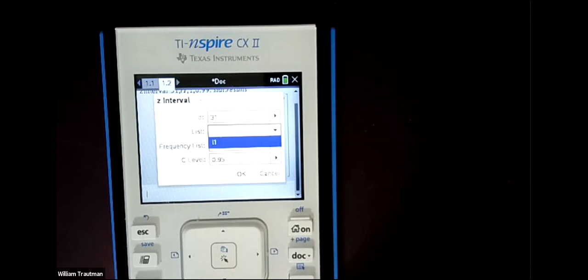You can just type in a one, but list has to be your L1, whatever you labeled your list as. I labeled mine as L1. My frequency list had changed to L1, so I wasn't sure. If you have anything other than this, just type in a one in the frequency list.